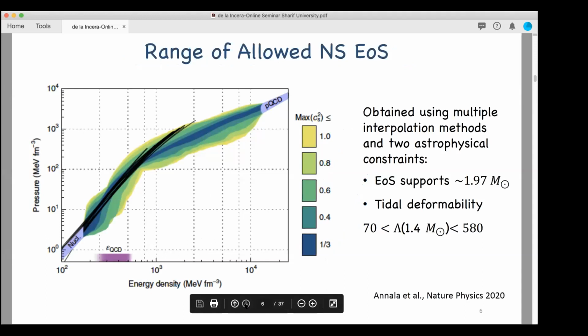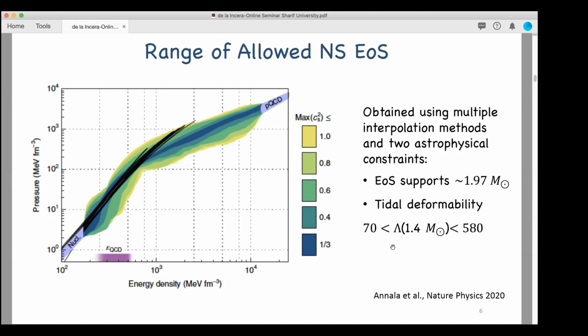The calculations they did were made by interpolation of the equation of state, but model independent. And in addition, constrained by the parameters of the tidal deformation and by reaching 1.97 solar masses.